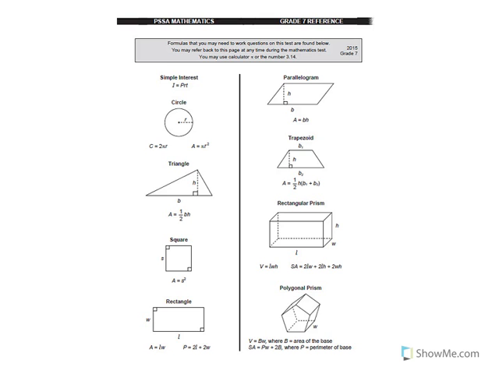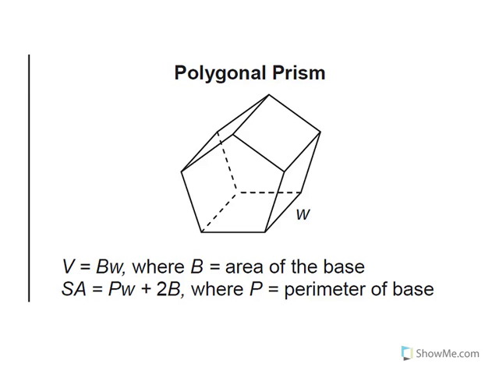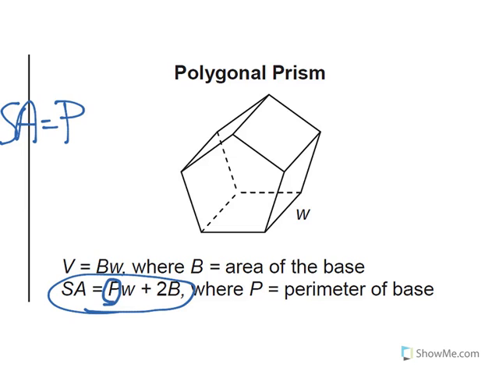The formula we're going to use is at the bottom right of your formula sheet, and it's a generalized formula which works for any 3D object. This one's a little bit more involved because there are more terms to it, there are more pieces. It says surface area, P times W. P stands for perimeter, and it's perimeter of the base.